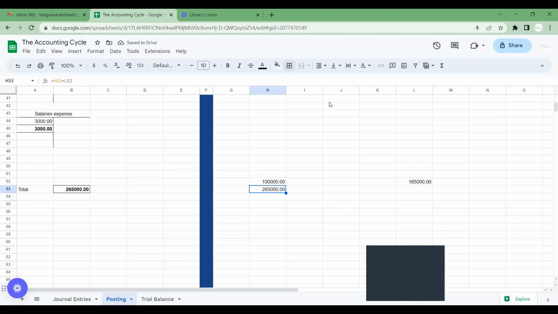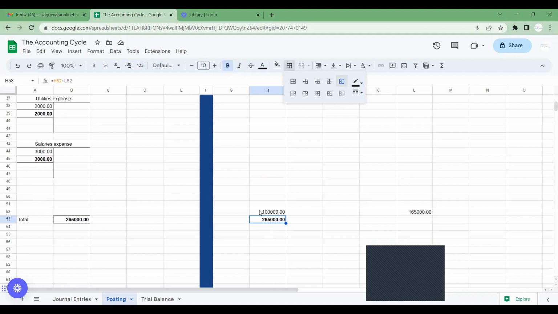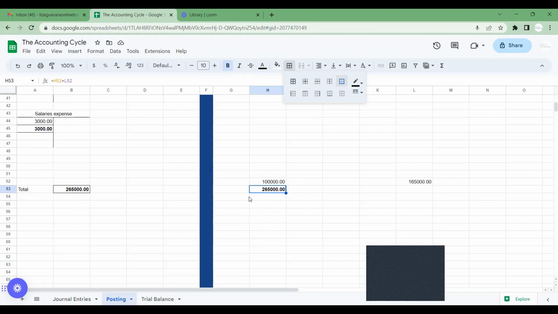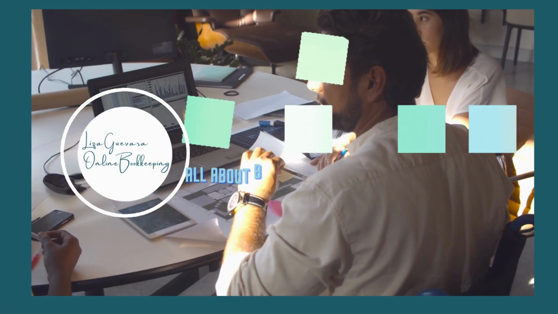So our ledger is balanced. So after this, we are now going to prepare our trial balance. So remember that your debits should total all your credits.